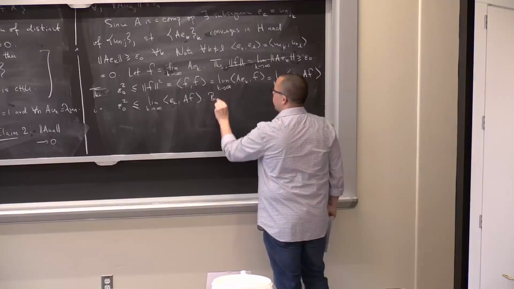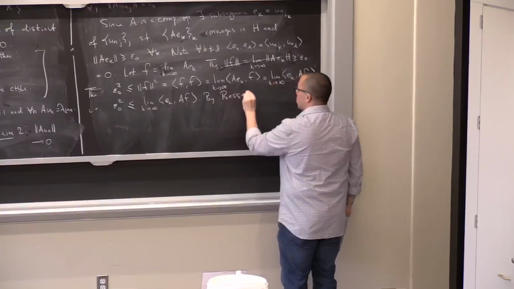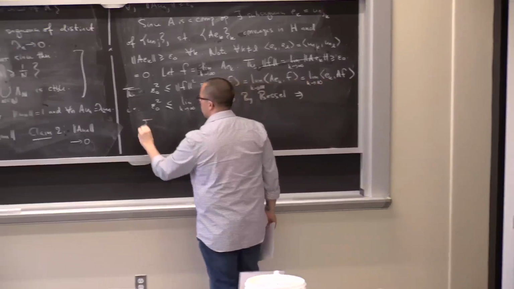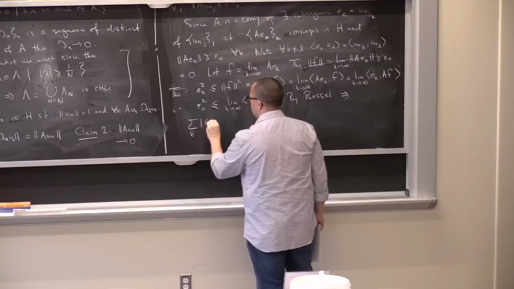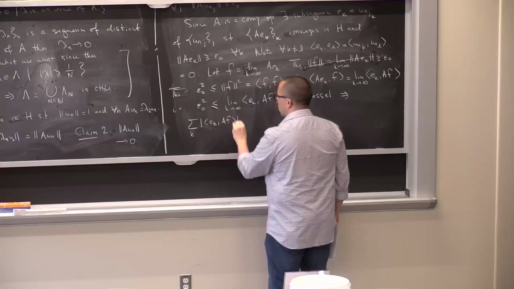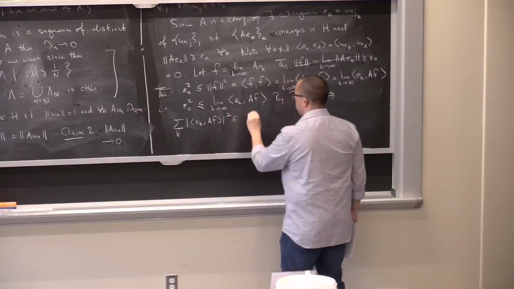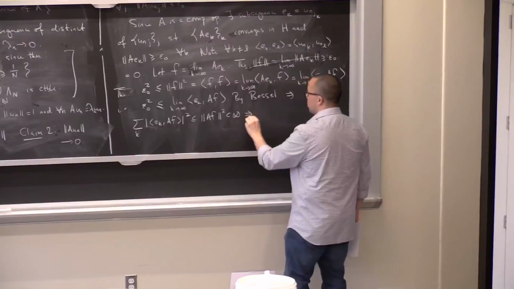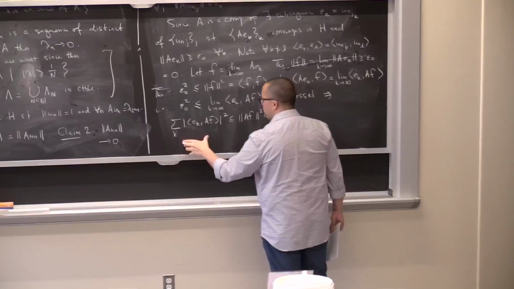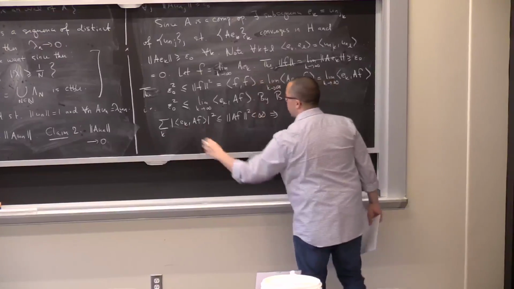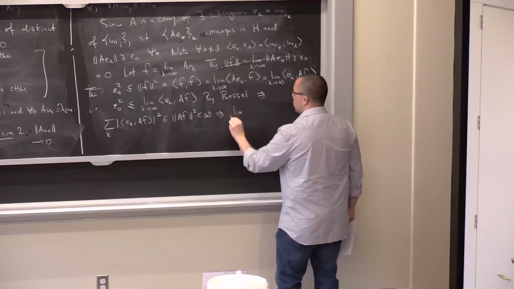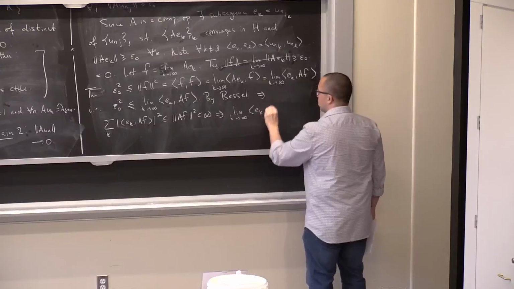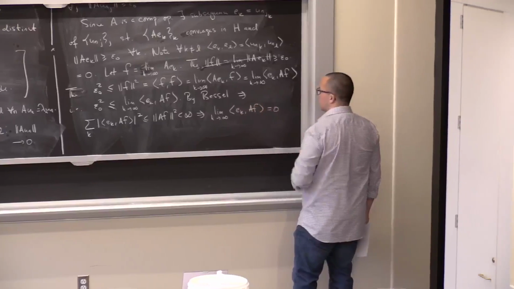So by Bessel's inequality, we get that the sum over k of the squared inner products of e_k with A f is less than or equal to the norm of A f squared, which is finite. And since this is a convergent series, the individual terms have to converge to 0. And therefore, this equals 0.